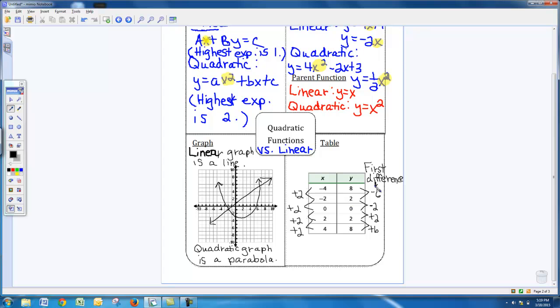However, if we look at the second difference, this time we are increasing by 4, and then increasing by 4 again, and then increasing by 4 again. So in a quadratic function, the second difference is constant, or the same. So this second column we call our second difference.